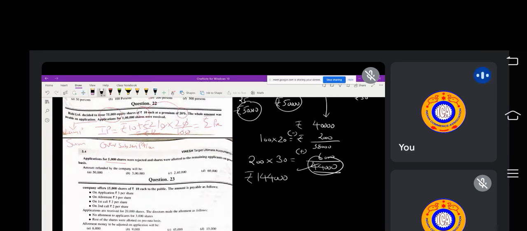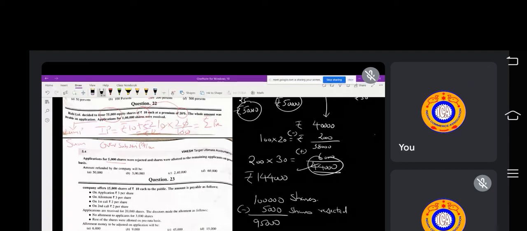The company has received 1 lakh shares, and it is mentioned very clearly that 5,000 shares are getting rejected, so 95,000 is still there.